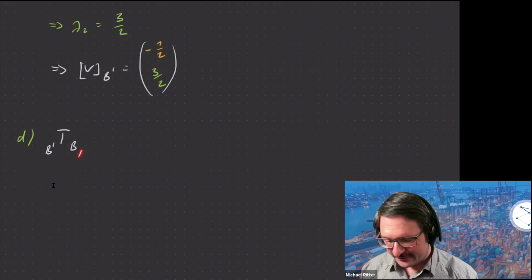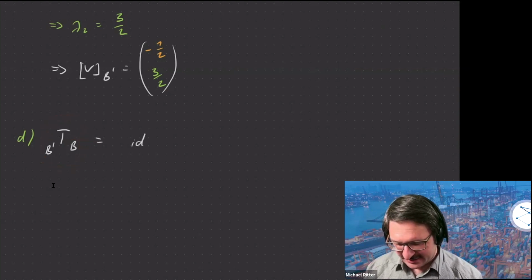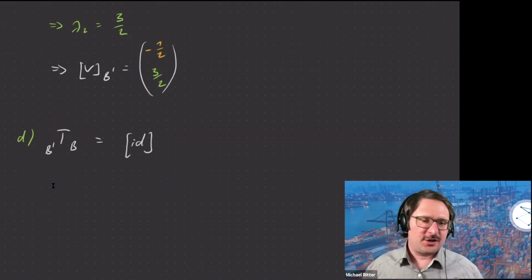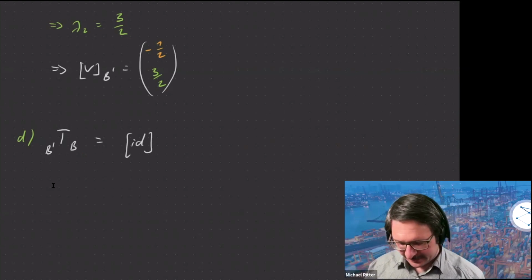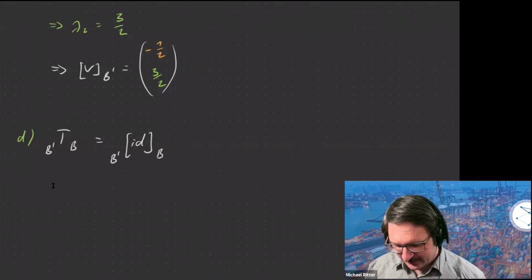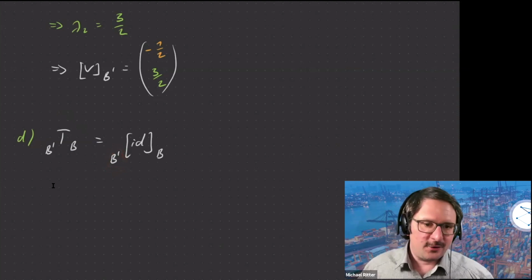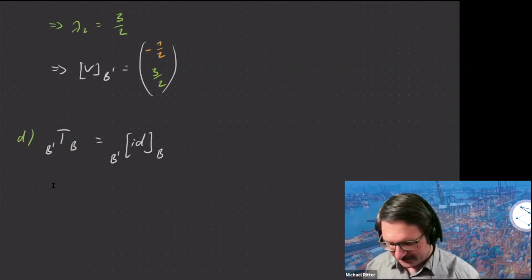Now for the transformation matrix here, that linear mapping is just the identity. The identity is the mapping that does not change the vector. So the vector we give it as its input is exactly the same that it outputs. The only difference here is that we require the image to be with respect to B prime coordinates. So we are doing the coordinate change here, but we're not changing the vector.